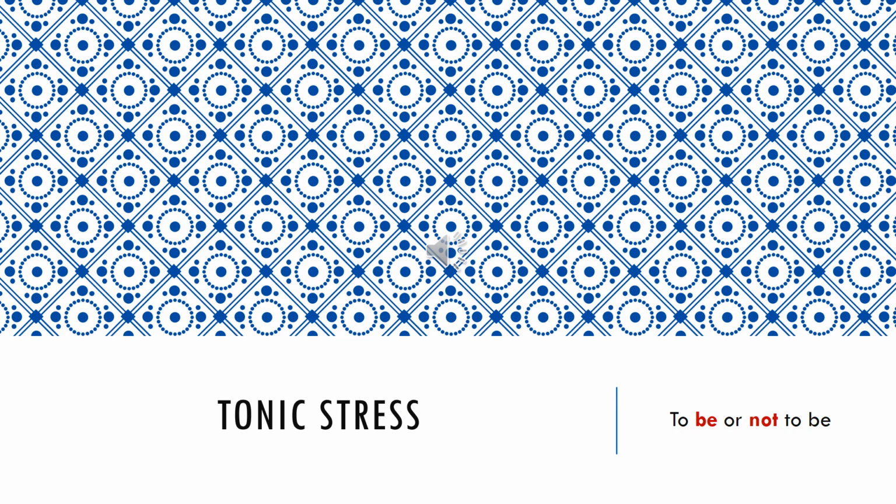So something that helps us sort out the rhythm of the English language is of course stress, right? Remember that English is a stress-timed rhythm language. And tonic stress refers to the speaker's use of emphasis to focus a listener's attention.